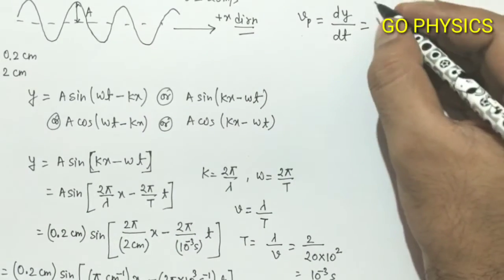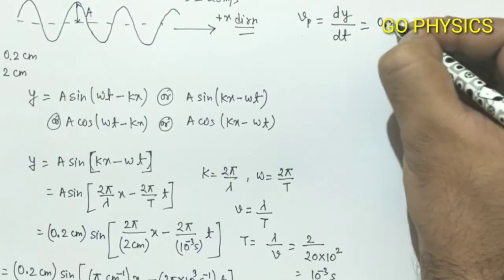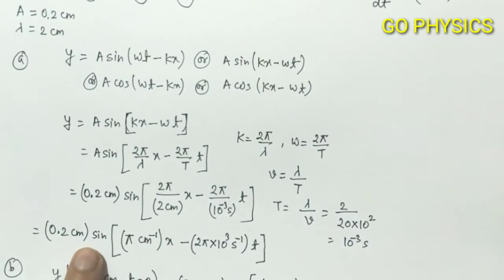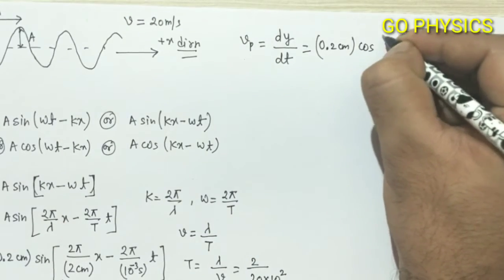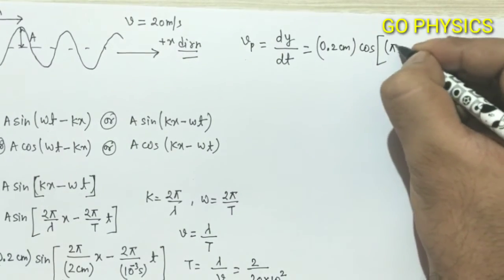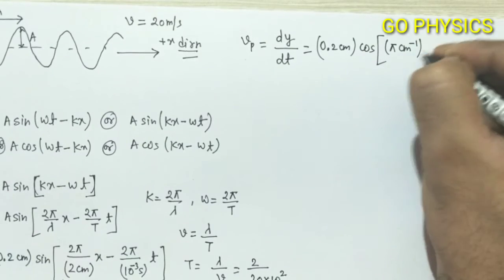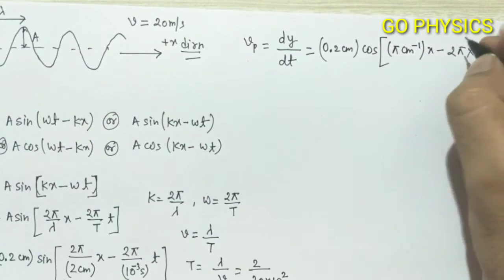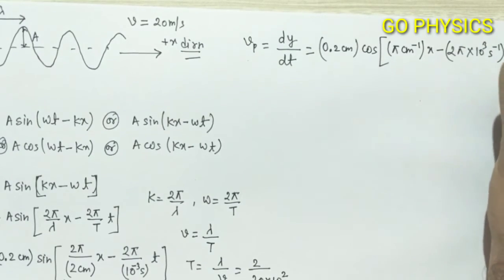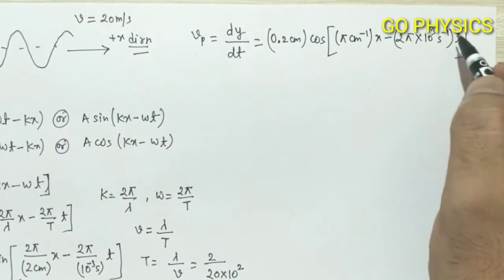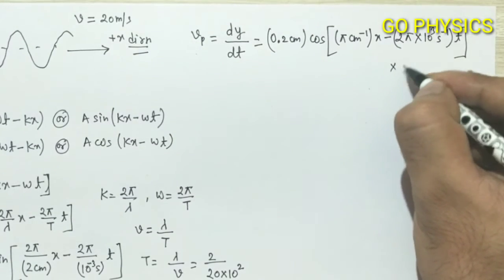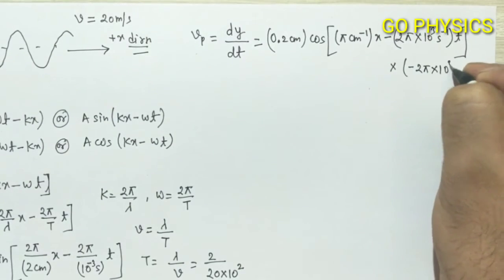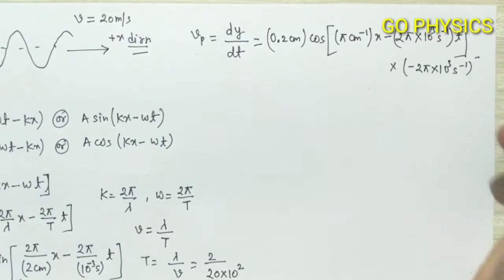If we differentiate, we will get 0.2 centimeter, sine will change into cos, cos (pi centimeter inverse x minus 2 pi into 10 to the power 3 second inverse t). The angle will not change. Now the whole equation will be multiplied by the coefficient of time, which here is minus 2 pi into 10 to the power 3 second inverse.